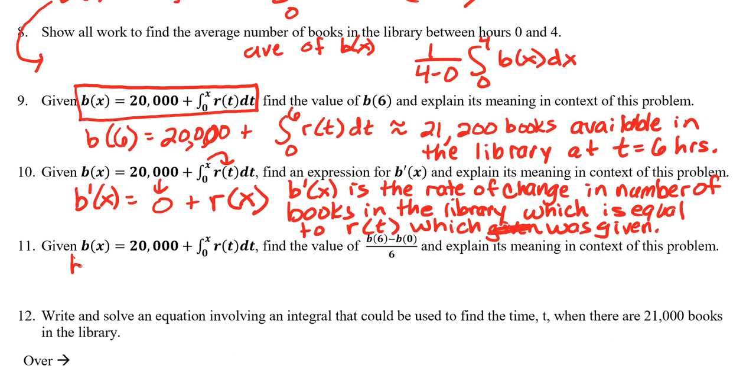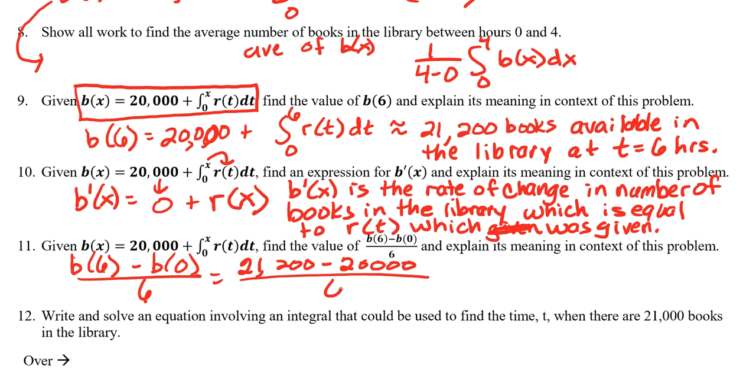I have 21,200, which we've worked on, minus 20,000 that we know were in the library at time 0. So we come up with 200 books per hour.